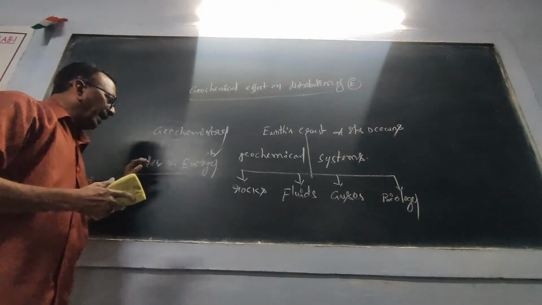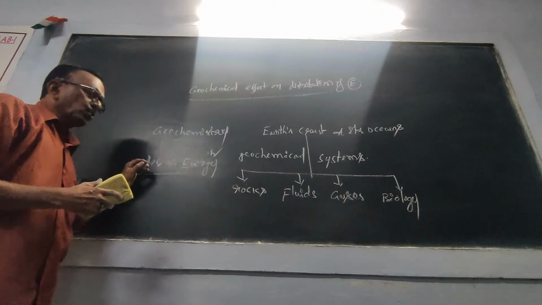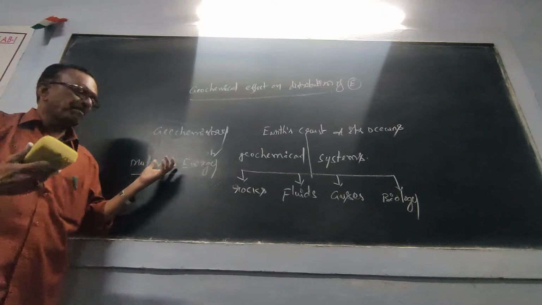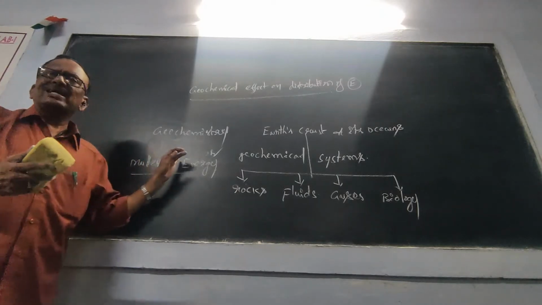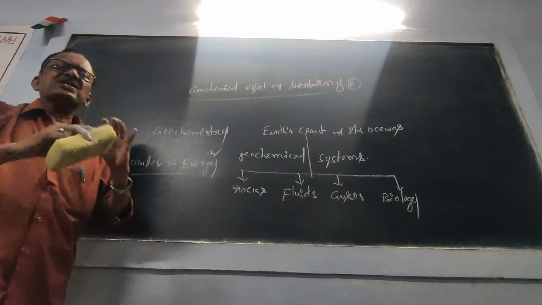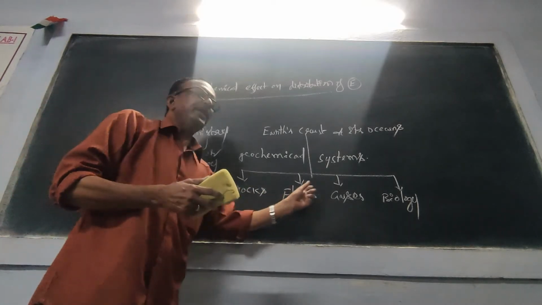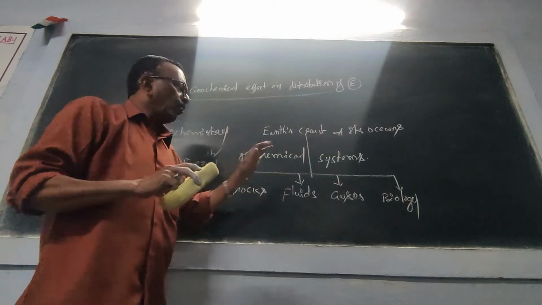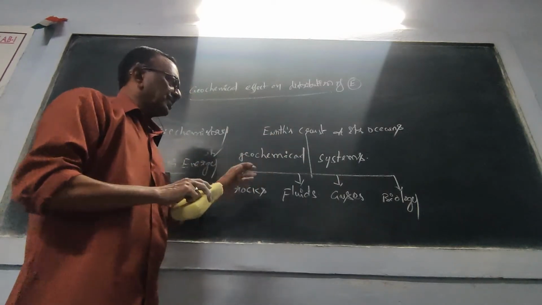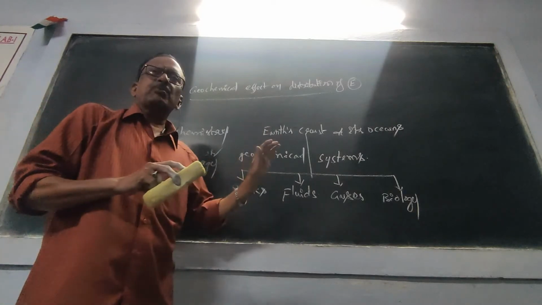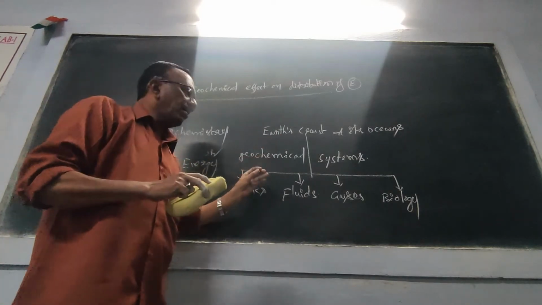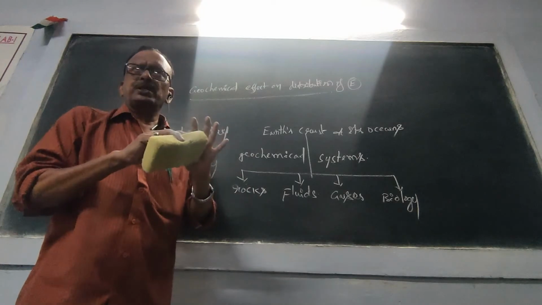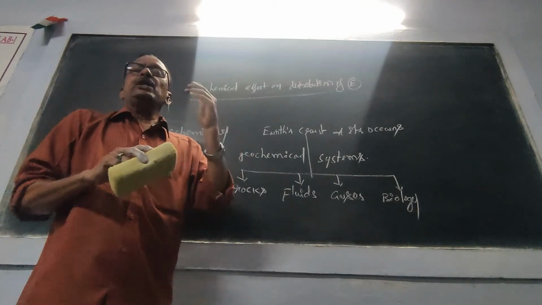Matter includes elements, compounds, etc. So matter as well as energy is being exchanged between any two geochemical systems. How long will this process take place? This process will take place until they are evenly distributed and attain equilibrium.